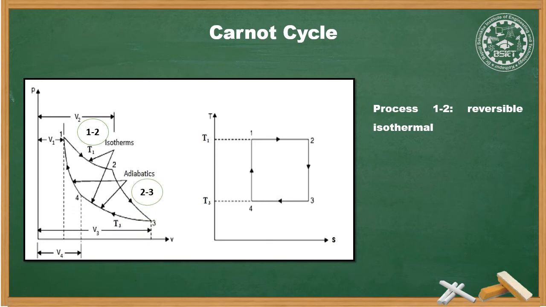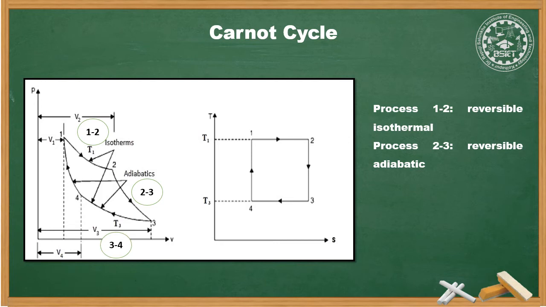Second is process 2-3. It is reversible adiabatic. Air expands from temperature T2 to T3. In this process, there is no change of entropy, so it is also called an isentropic process.